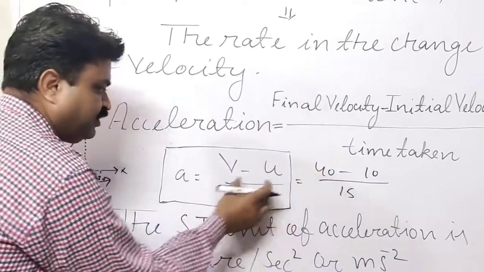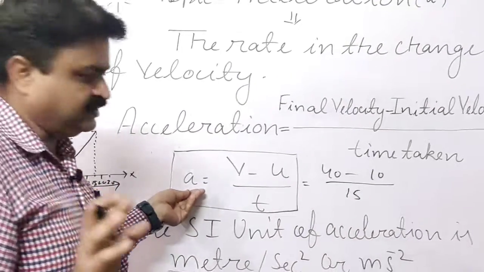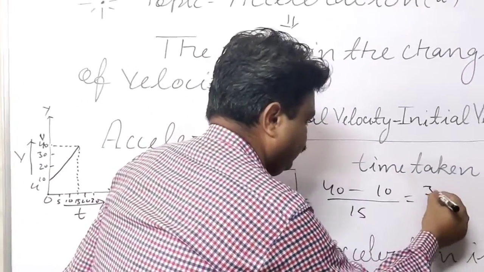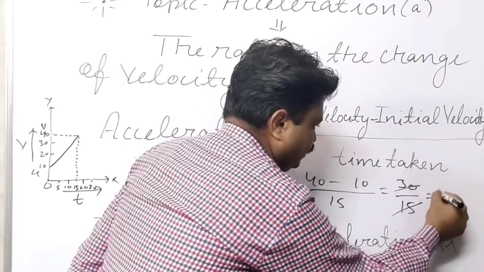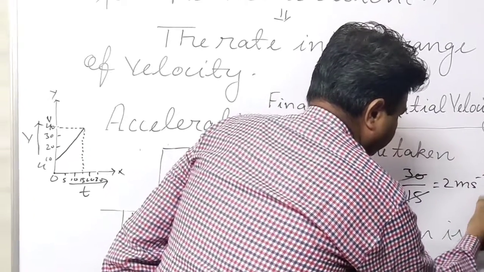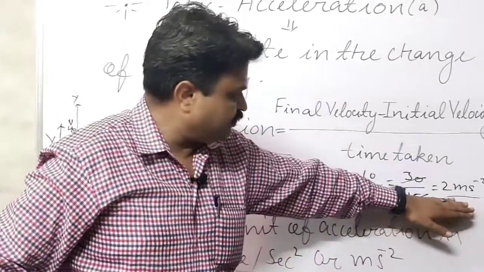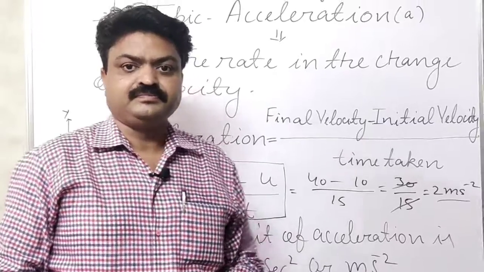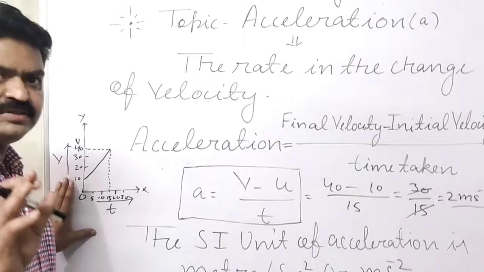So with the help of this formula or the graph, we can calculate the acceleration. It is 30 upon 15. So what is the acceleration here? It is 2 meter per second square, student. So in this way we can calculate the acceleration.